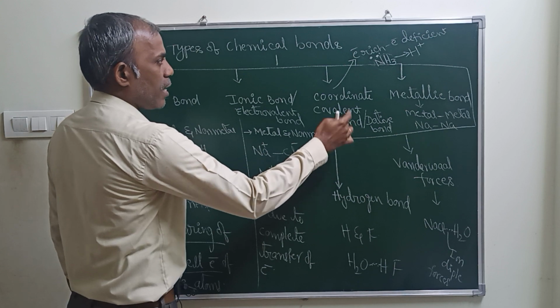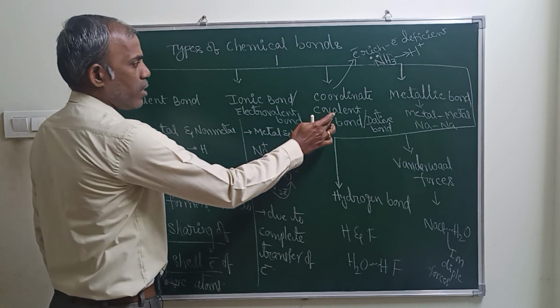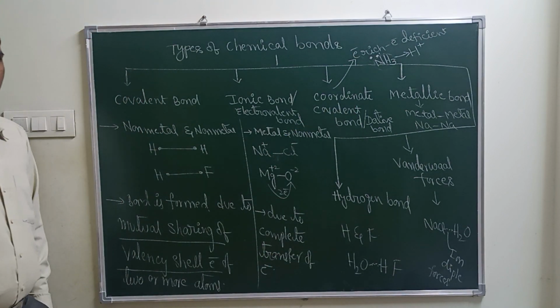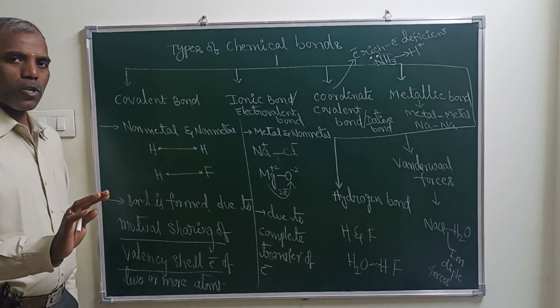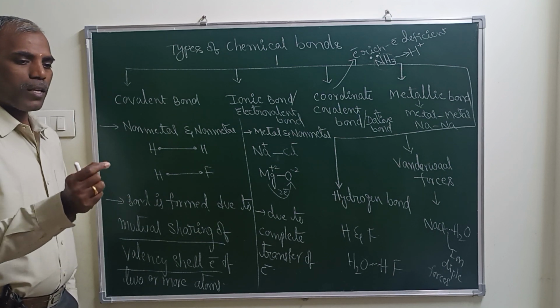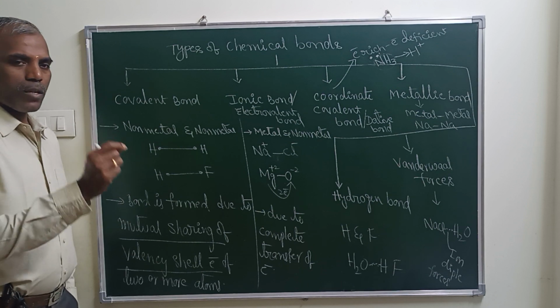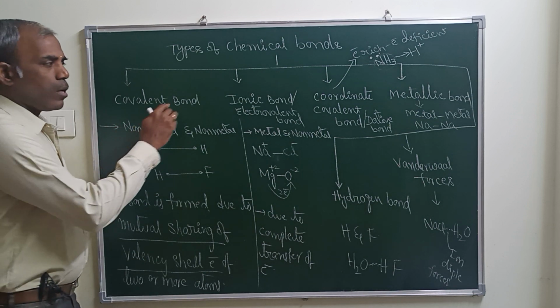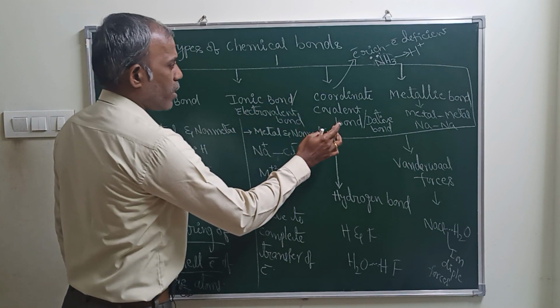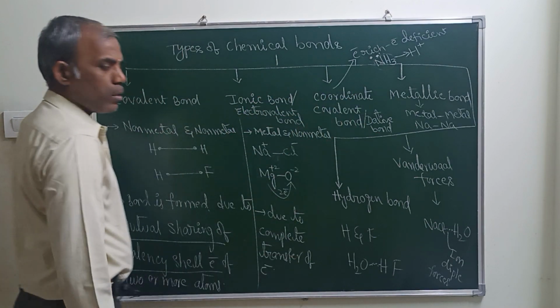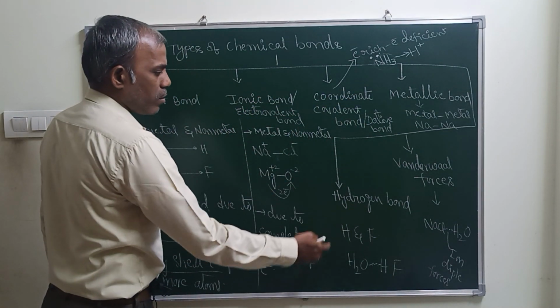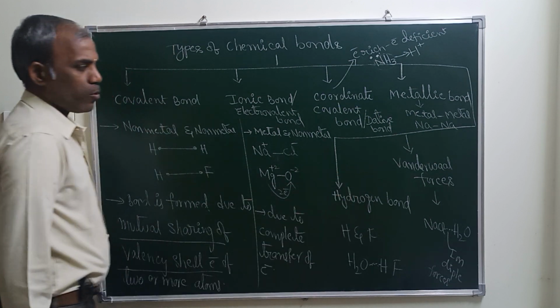Electron rich and electron deficient, coordinate covalent bond. Very simple. Just based on the nature of the element, we can figure out whether the bond is covalent bond, ionic bond, coordinate bond, or metallic bond. And then miscellaneous bonds, hydrogen bonds and van der Waals forces.